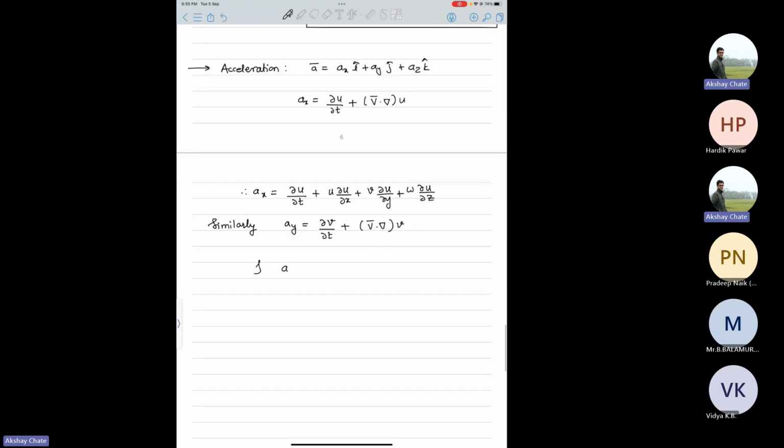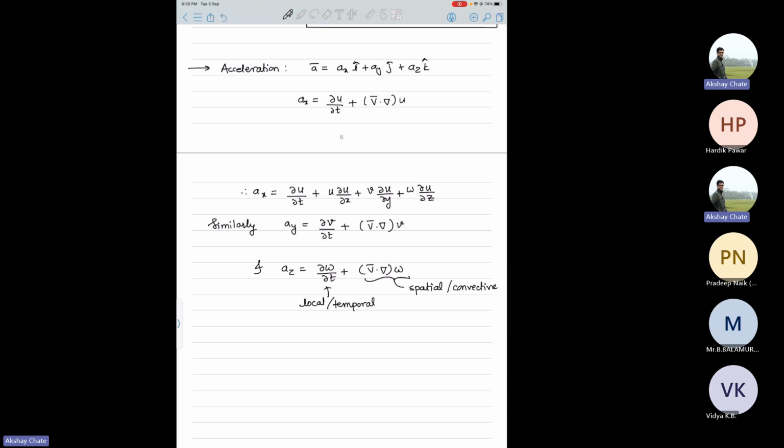And z acceleration will be del w by del t plus v dot del into w. So this is your local or temporal acceleration component, and this is your spatial or convective component.